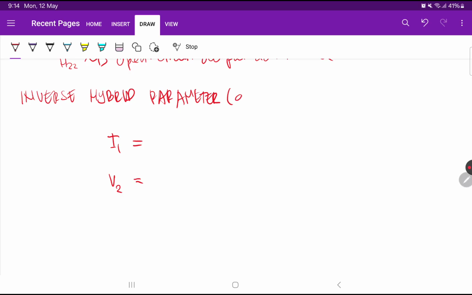And the variable that we use is G. Or to be consistent, I'll be using capital G. So G11 multiplied by V1 plus G12 multiplied by I2 because we already interchanged our variables. And this will be G21 V1 plus G22 I2.